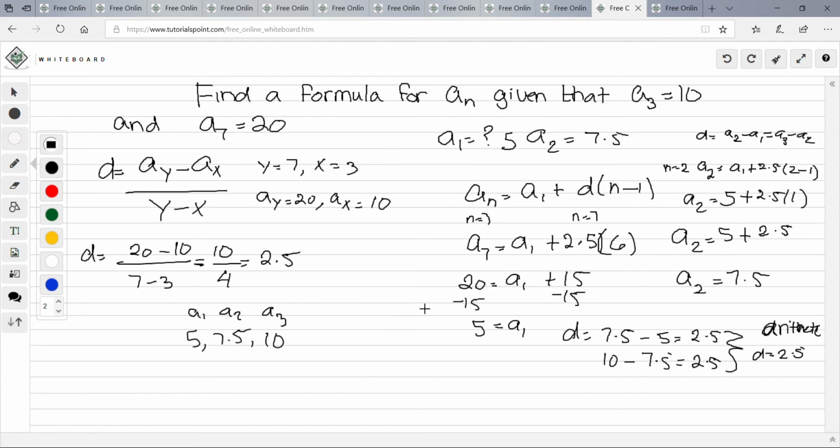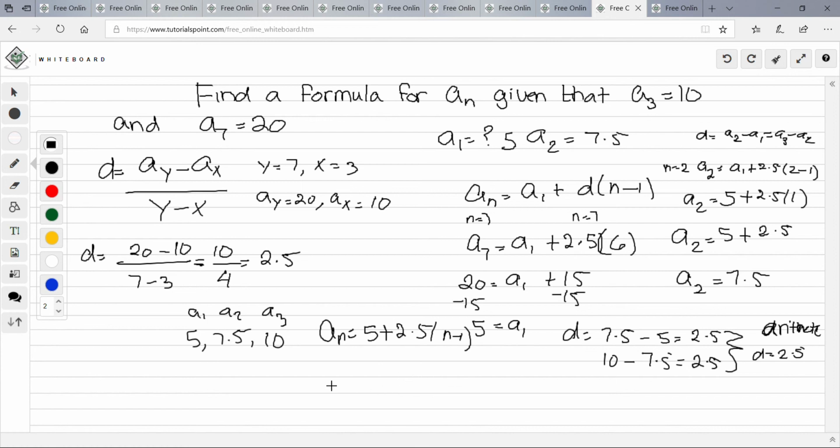So AN equals this formula: first term is 5 plus difference, which is 2.5, times n minus 1.